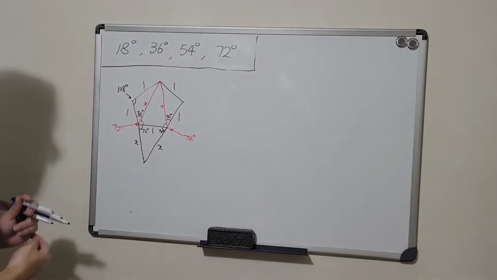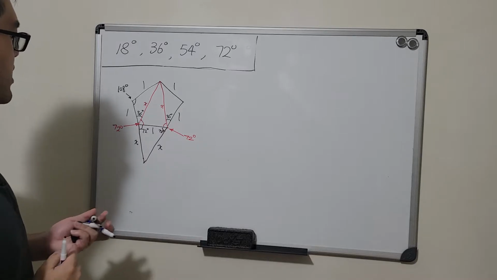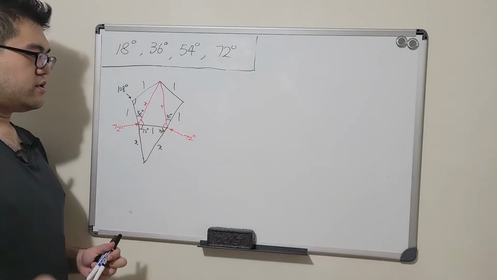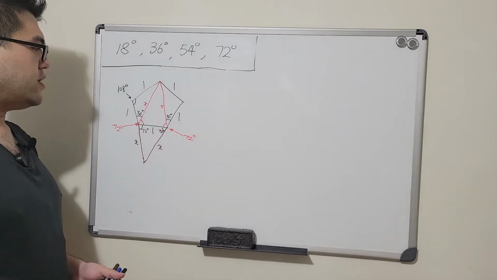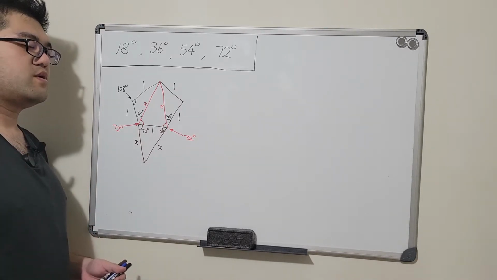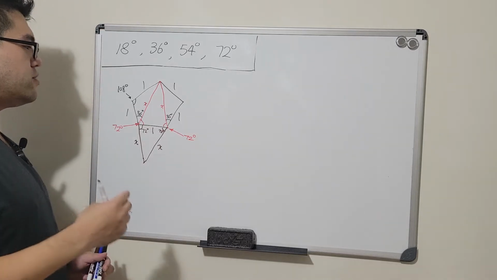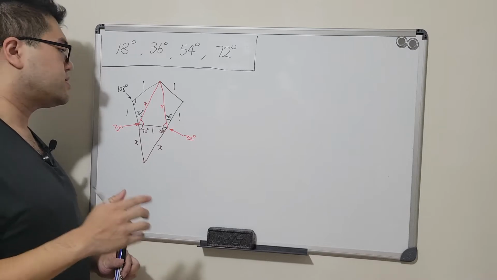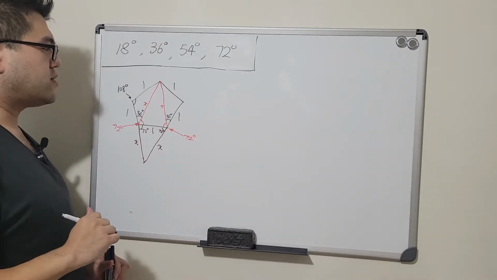So, in order to finish this and try to figure out what x is, let's try to draw one more diagonal line.